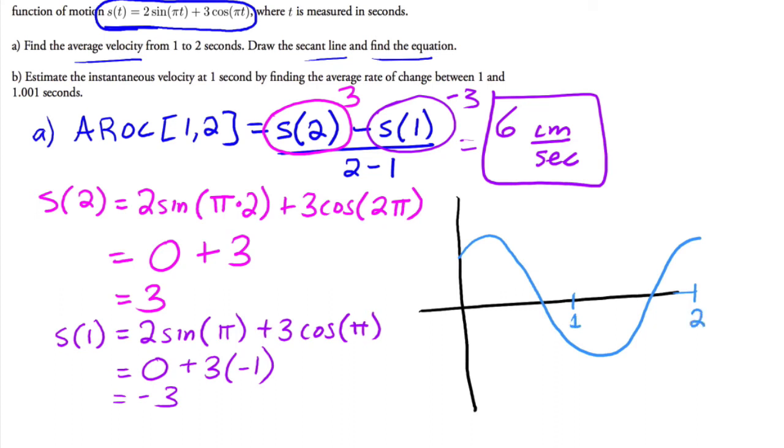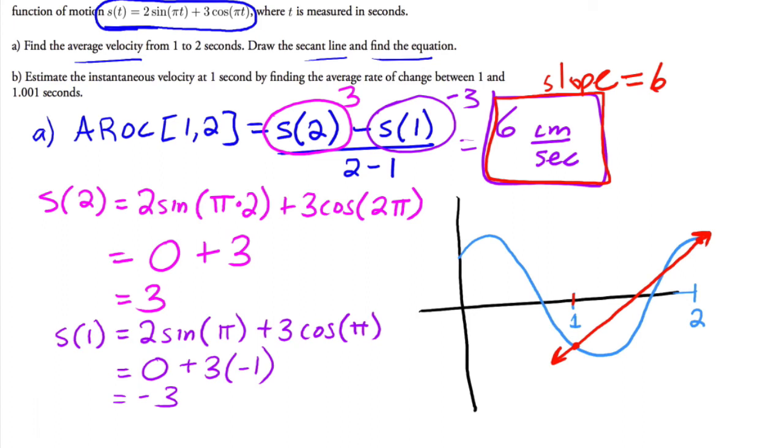The secant line I just found, the 6, is the slope of the secant line between 1 and 2. So from here to here, if I draw that, the slope of that line is equal to 6.